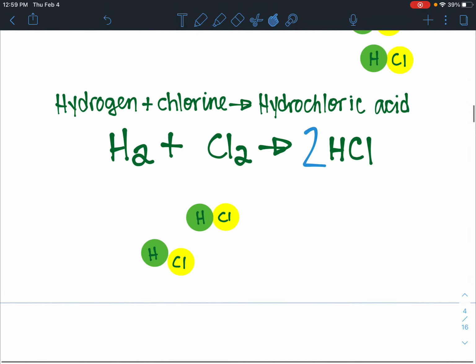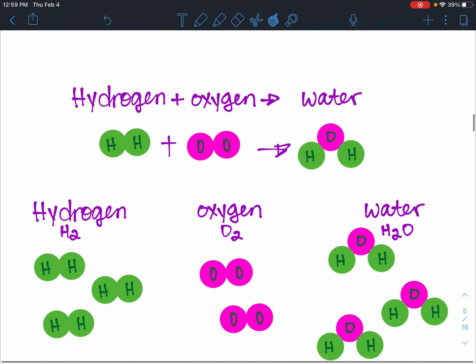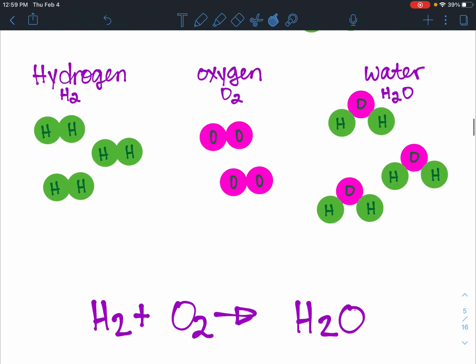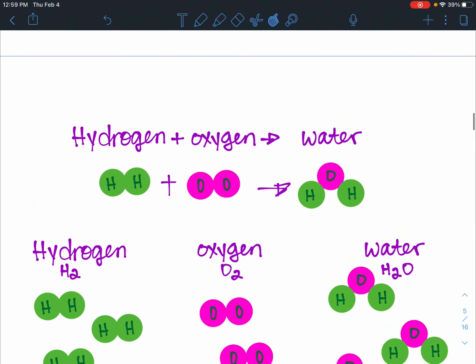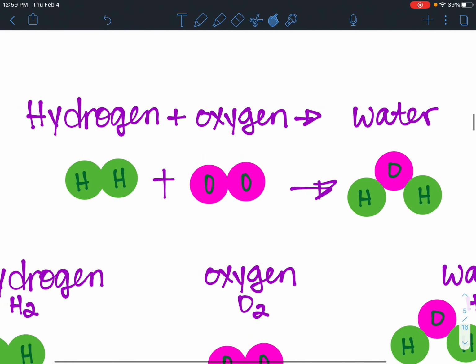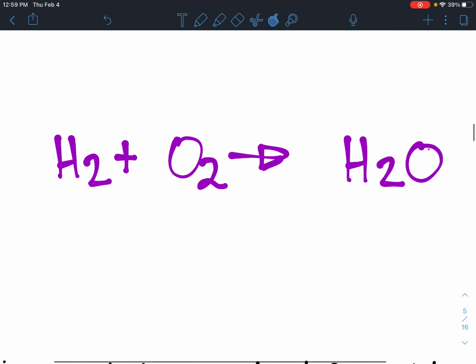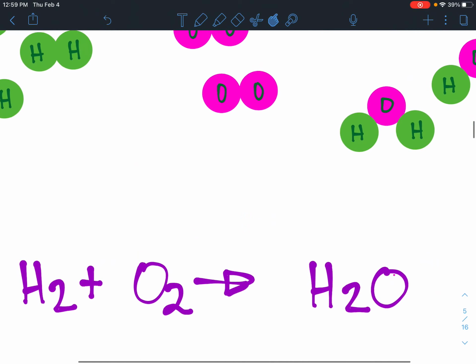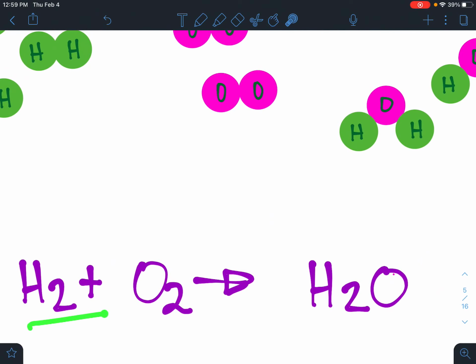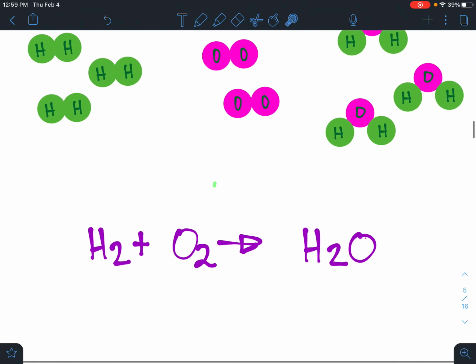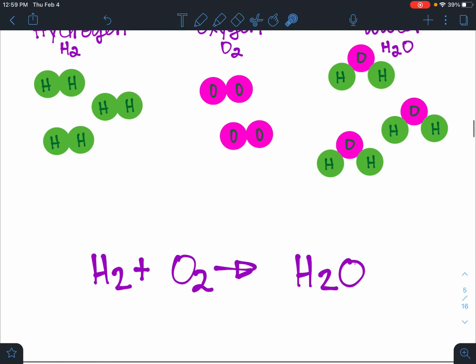The next equation I'm going to do with you deals with water. The equation is hydrogen plus oxygen yields water. The formula equation for this one is H2 plus O2 yields H2O. I'm going to use these little molecules to help demonstrate what's going on again.